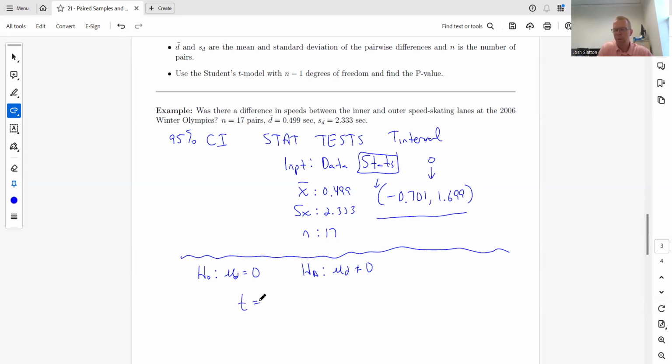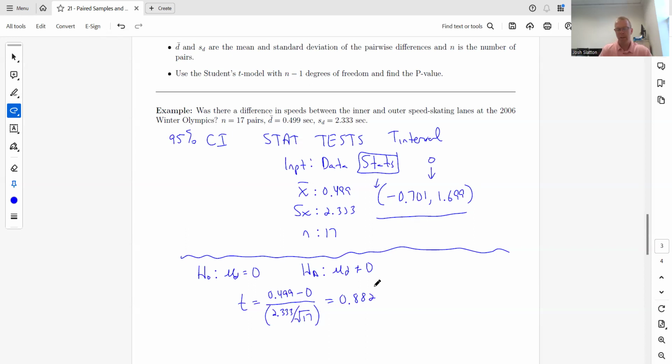Using the formula up above, the difference is 0.499. We're going to subtract 0, and you can do this part separately if you like and then plug it in, but we'll just do it all at once. So that's our standard error, s over square root of n. We put that in the calculator and we get 0.882.